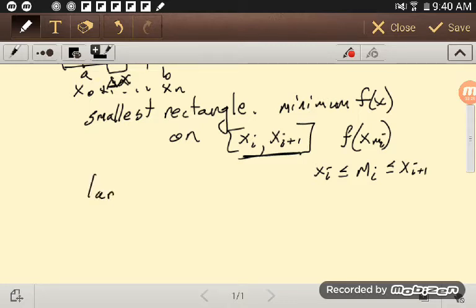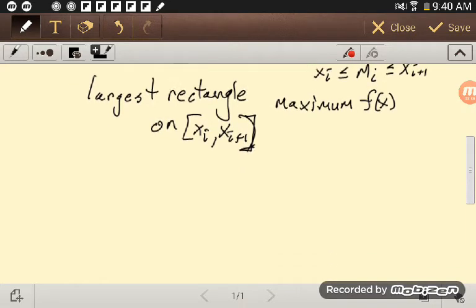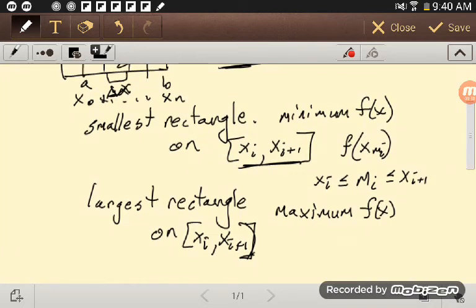the largest rectangle has our maximum f of x on that interval, so on xi to xi plus 1, and so your textbook is, and actually, now that I'm thinking about your textbook, probably what we should do is, instead of doing xi plus 1, we should probably do xi minus 1.